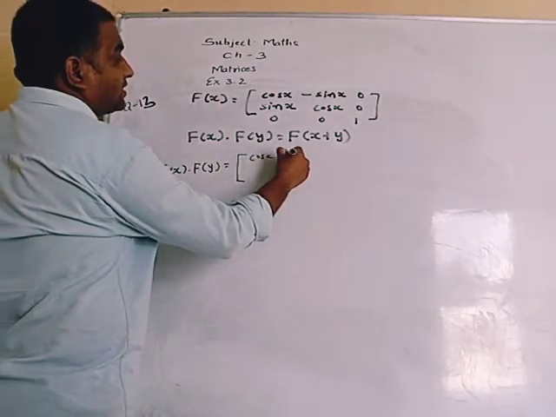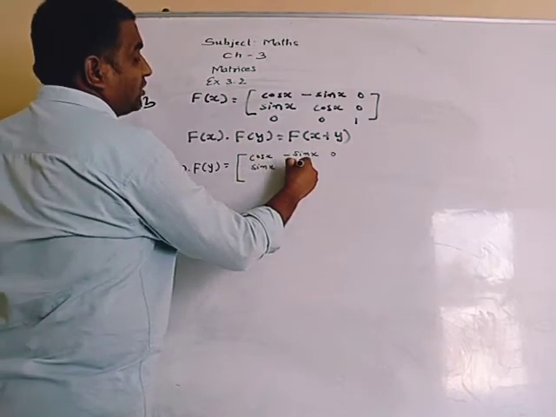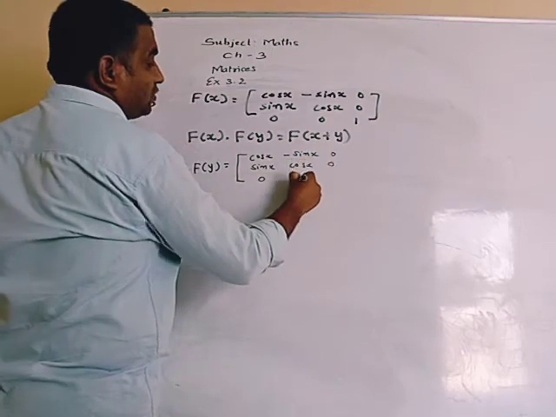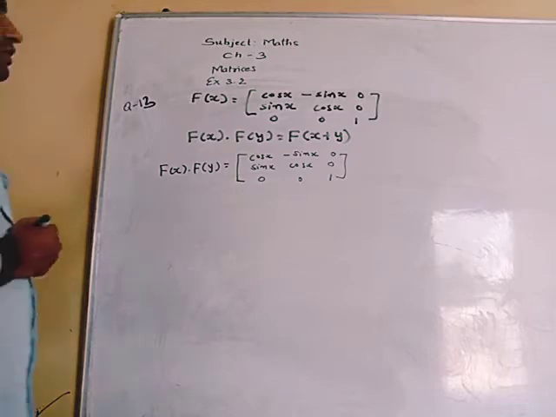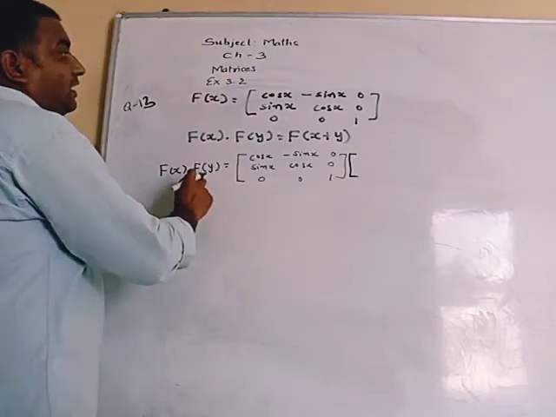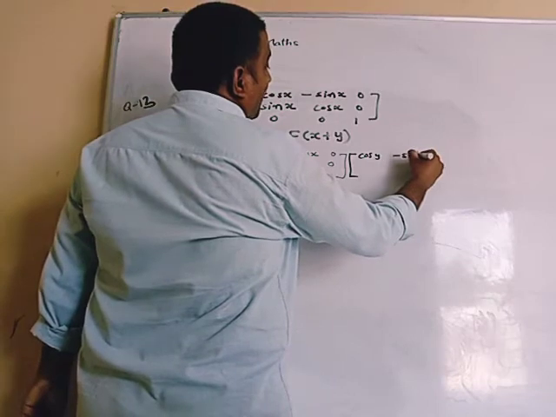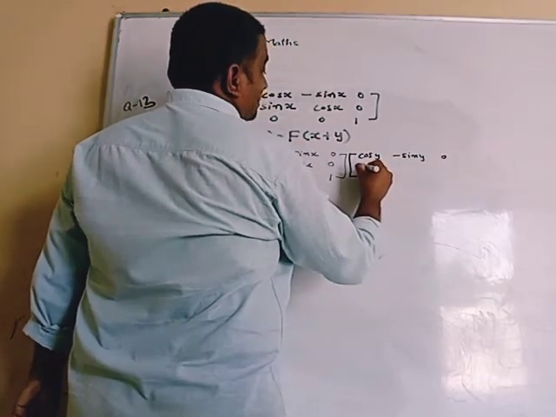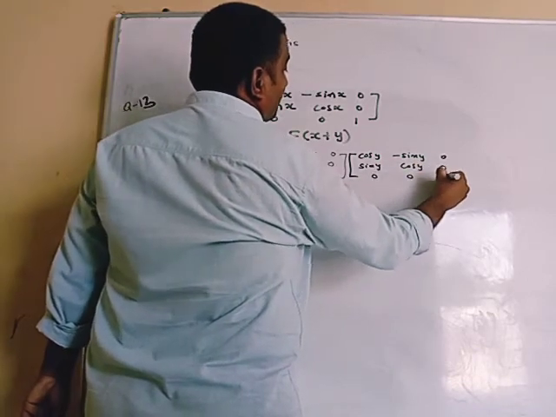Now for function of y we write y instead of x: [cos y, minus sin y, 0; sin y, cos y, 0; 0, 0, 1].